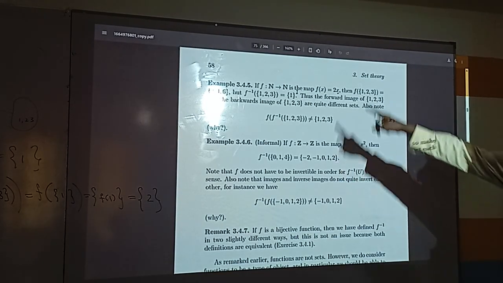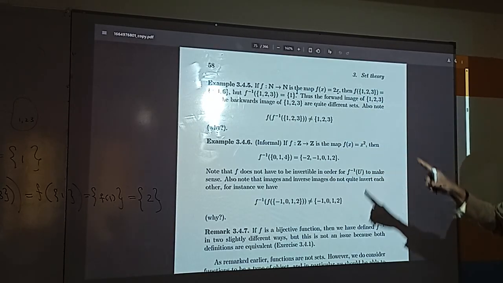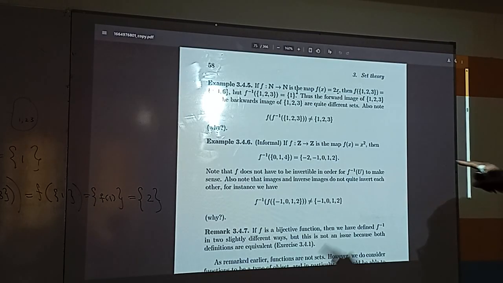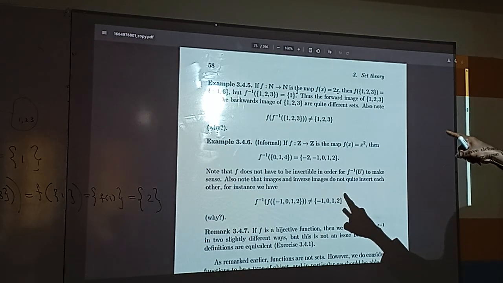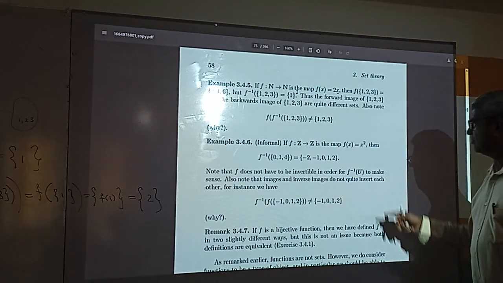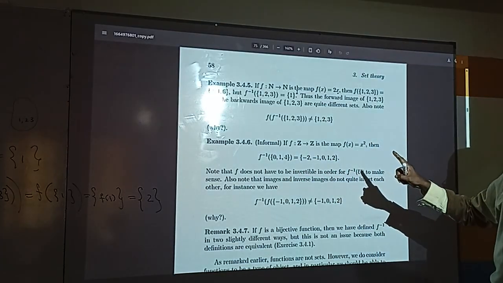Then again we are talking here about f(x) equals x squared. f(x) equals x squared is not 1 to 1, no? Because 1 and minus 1 both match to 1, and 1 and minus 1 are different. Then f inverse of {0, 1, 4}.